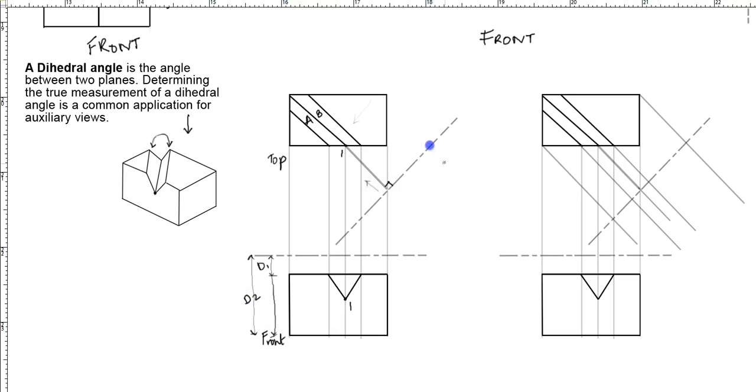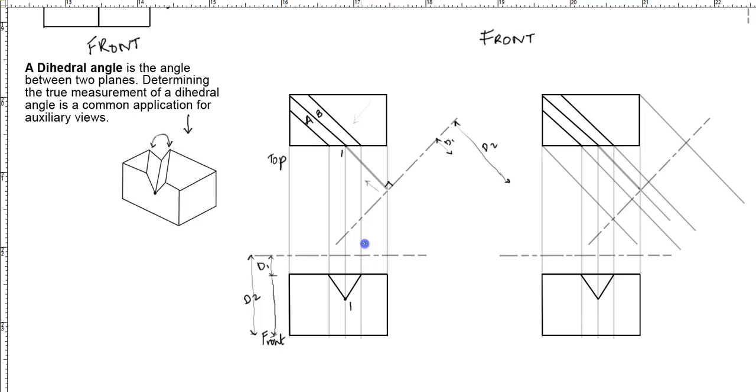Now same thing we are going to transfer from here to here, because this is where the object starts. So I'm going to have my D1 up till here, and I'm going to have D2 up to here from my folding line.